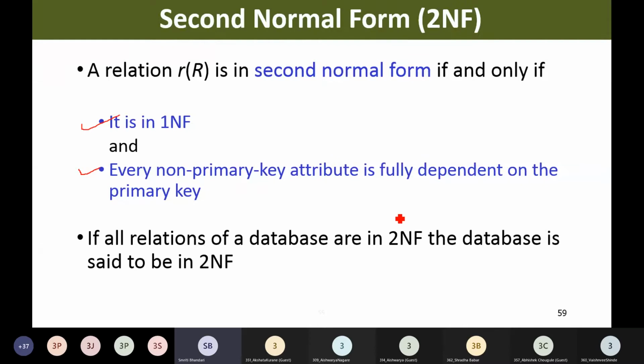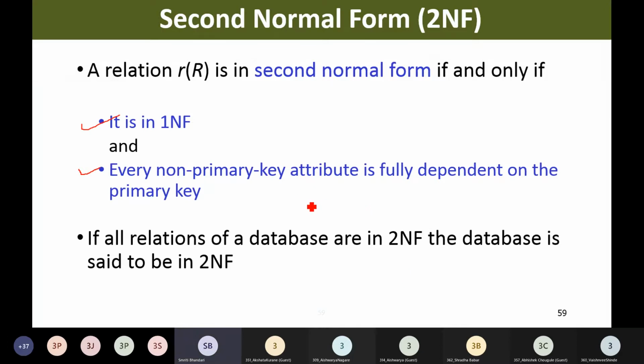In our database schema, usually we have more than one relation. So when we say that the database schema is in 2NF, if every relation in our database schema is in 2NF, then we say that the entire database is in 2NF, right?